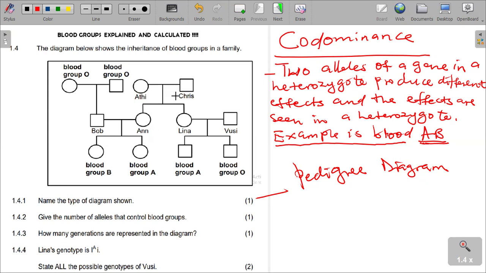Based on the genes of the parents, they are going to give children who can have certain characteristics, and those are characteristics they have inherited from the parents. So it's a pedigree diagram that is shown there. That is question 1.4.1.